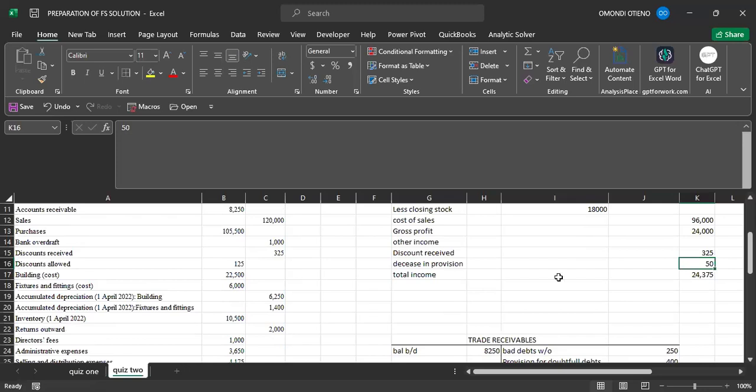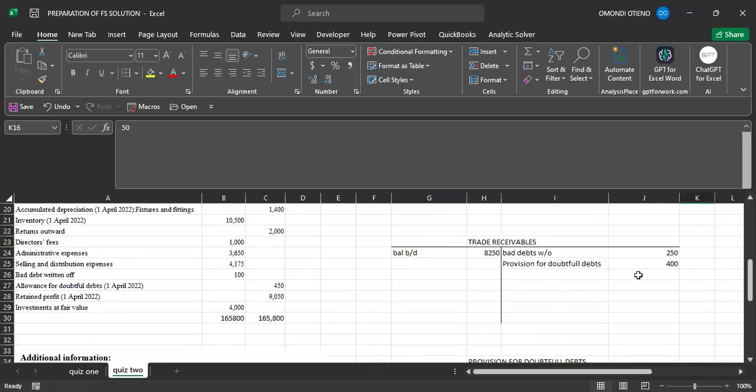Again, I want to balance the trade receivables so that if I go to statement of financial position, I will know what to record as the balance carried down of trade receivables. So debit is more than credit. It means our balance carried down will be on the credit side. So let's balance the account.